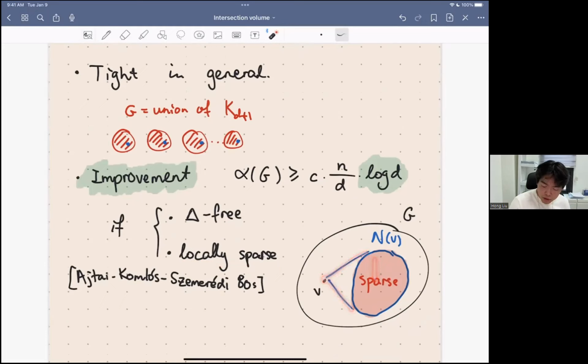So another way of saying that there are not so many triangles is that if you look at every vertex and its neighborhood N(v), there are not so many edges there. It's very sparse in N(v). They showed that if you are locally sparse in this sense, we can still get this log d factor improvement.